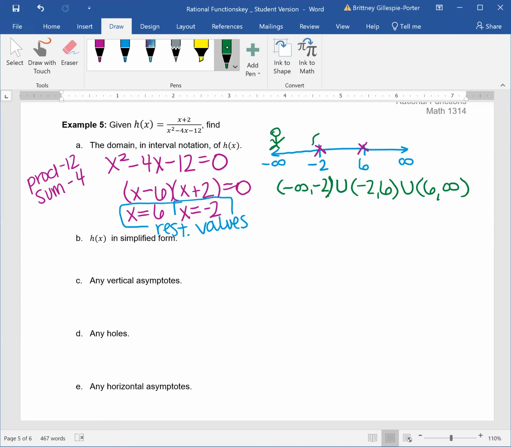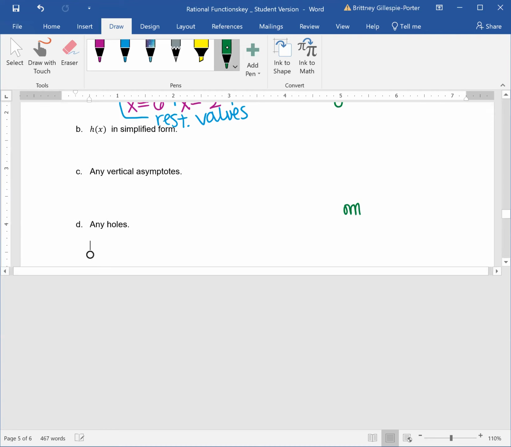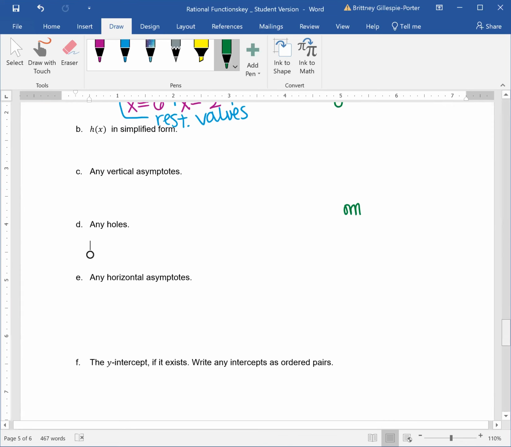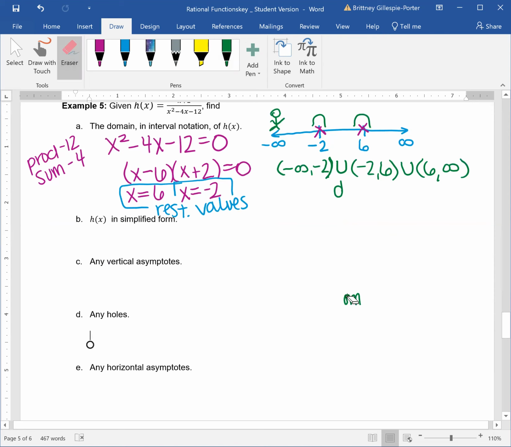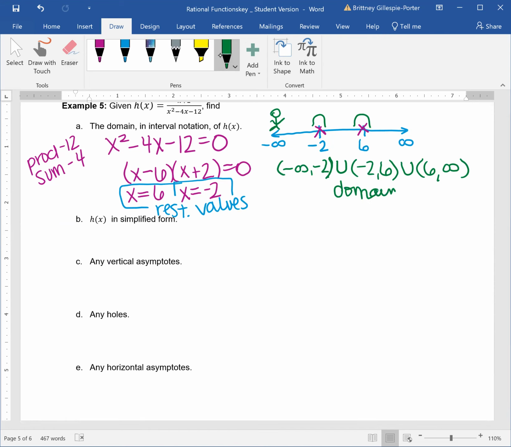Remember, the unions are the jump ropes where we're jumping from one section to the next. So we've found our domain.